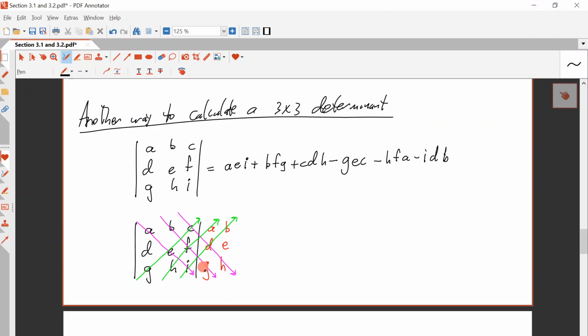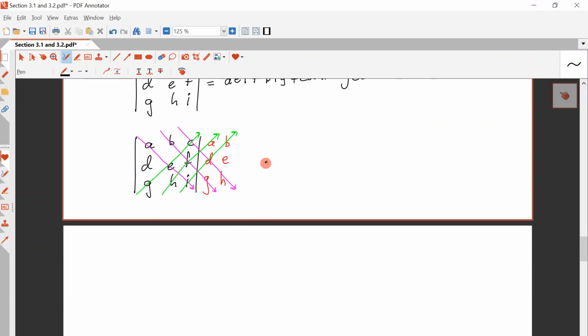Right, so the downward products are added and the upward products, everything going to the right, are subtracted.